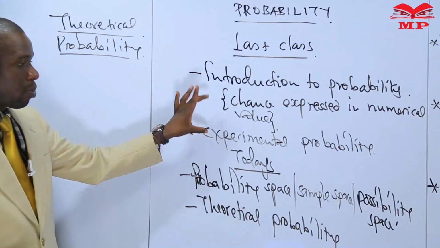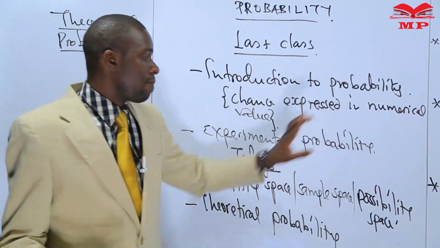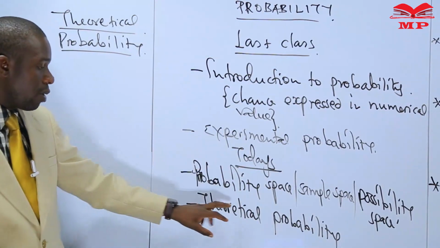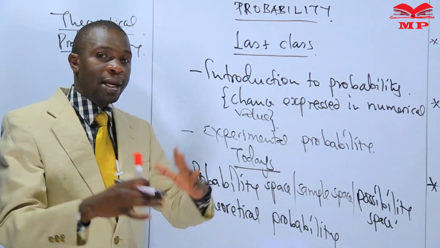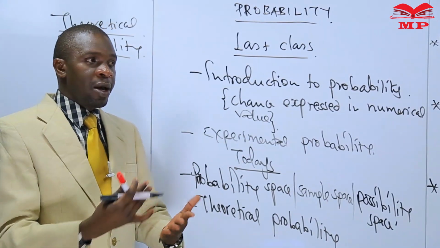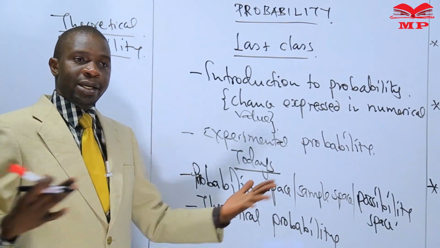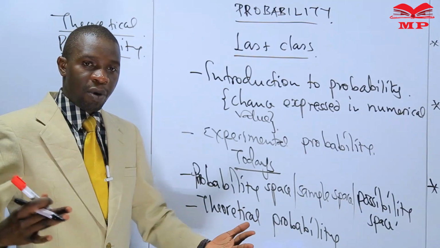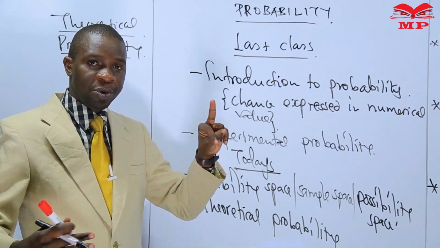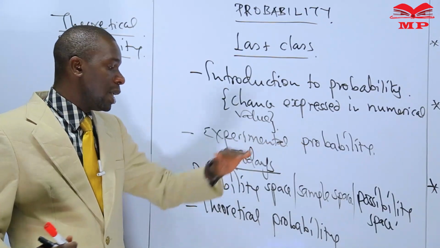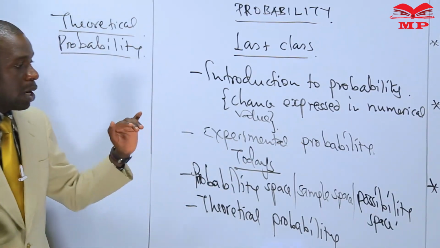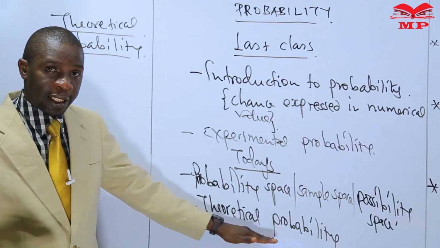So experimental probability was in our last class, but in this class we are dealing with theoretical probability. So from this, there's something we can see, that the basic differentiation of probability only gives us 2 types of probability. Either you are dealing with experimental probability, or you are dealing with theoretical probability.